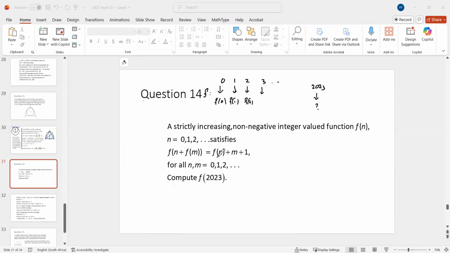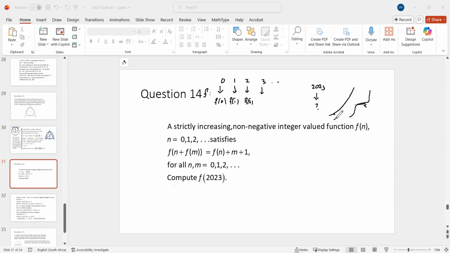given that f satisfies this funny thing here? And it's also strictly increasing. Strictly increasing means that the graph keeps going up. It doesn't get flat anywhere. So it never flattens.